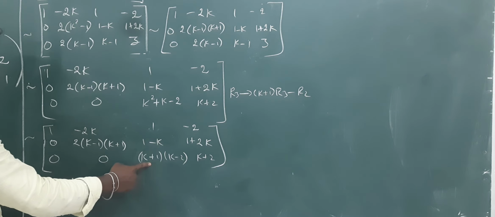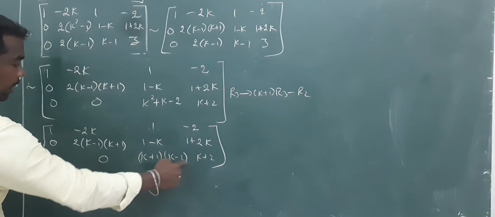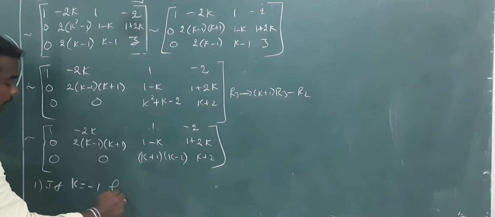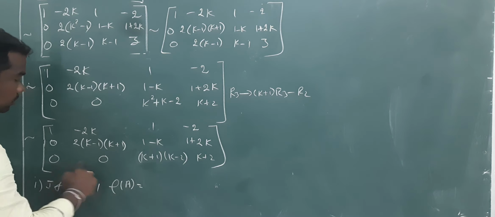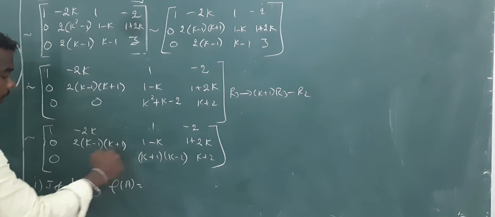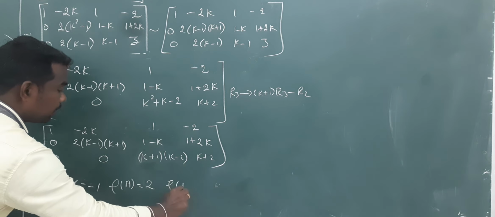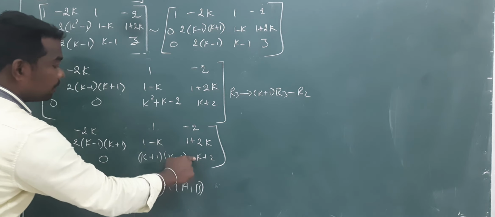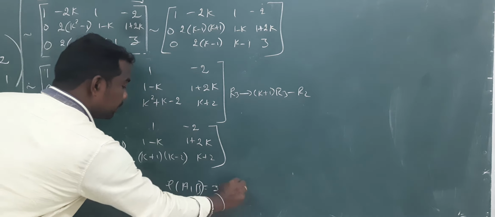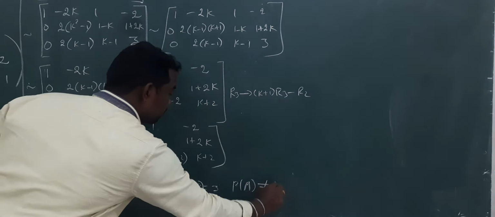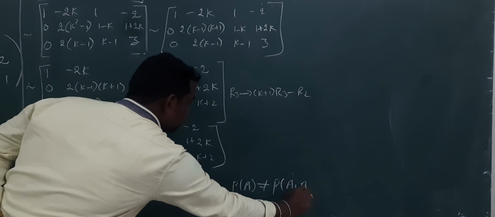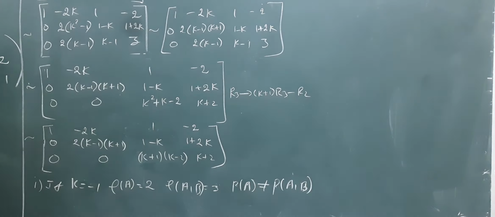You put minus 1 here, this also 0. So already you know this is the A value. So rank of A is equal to 2. We have the remaining values only in 1 and 2 rows. And the rank of A comma B will not be 2, so that is 3. So rank of A is not equal to rank of A comma B. If these conditions come, we write that the system is inconsistent and it has no solution.